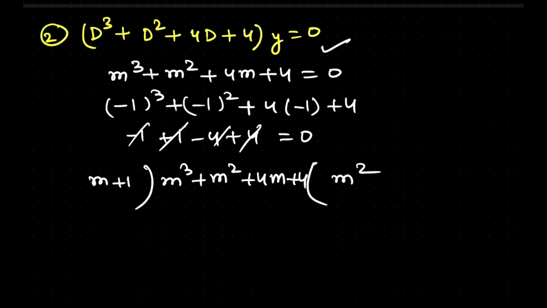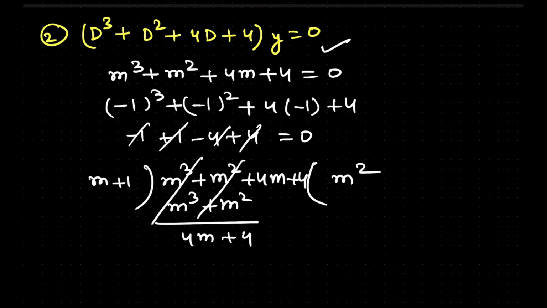So it will become m square into m cube, and m square into 1 gives plus m square, and this will again get cancelled. Again 4m plus 4 is left, so we multiply by plus 4, and it will give you 4m plus 4. You can see this will get cancelled. We have done this only to find the factorization.